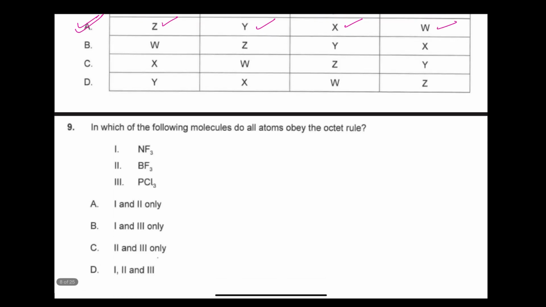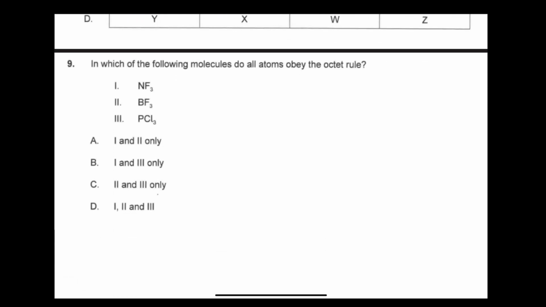Next, in which of the following molecules do all atoms obey the octet rule? Okay, in NF3, if I draw this, the Lewis structure looks like this. So you see each and every atom has a complete octet.